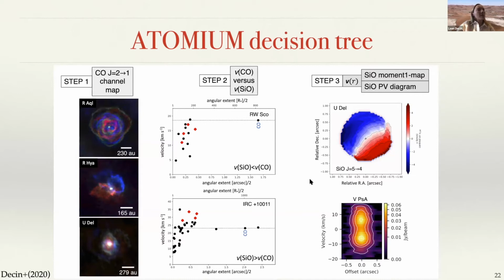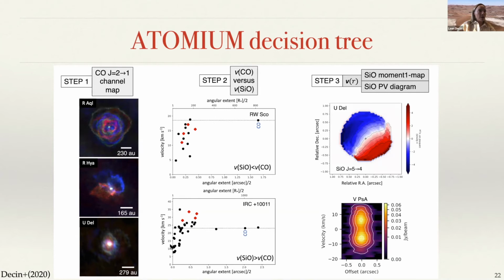For this result that has been published in Science, we have used a 3-step decision tree, which is based on the CO channel maps in step 1, in which we then look at the kinematics. If you just have a one-dimensional spherical wind, what we would predict is a wind that has a gradual increase in velocity.